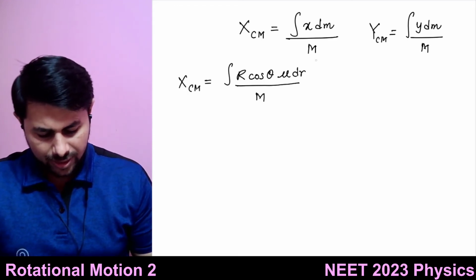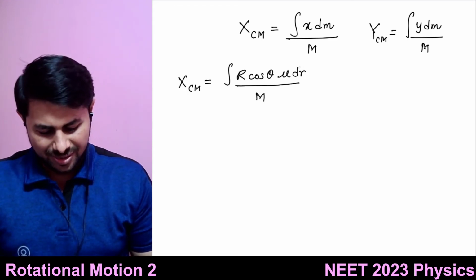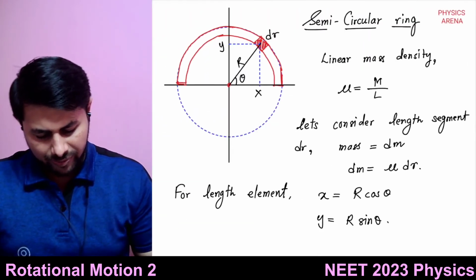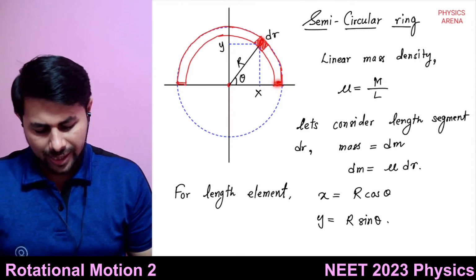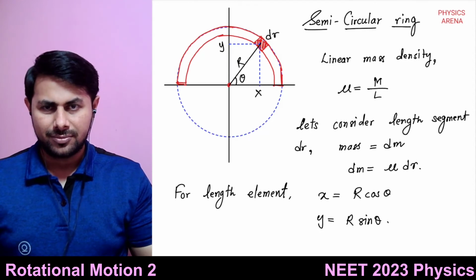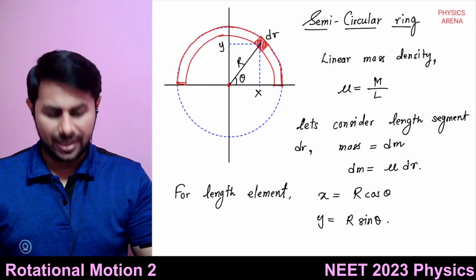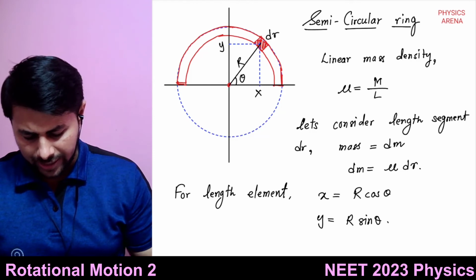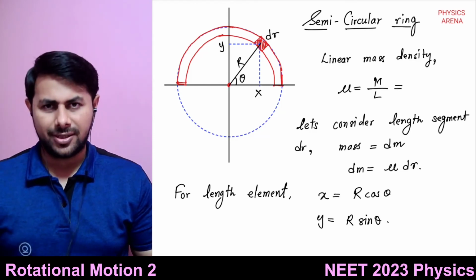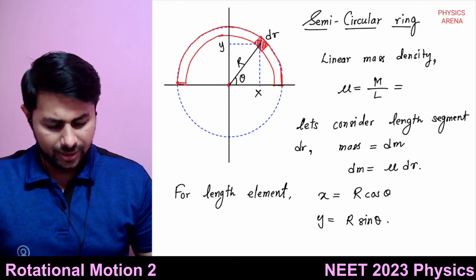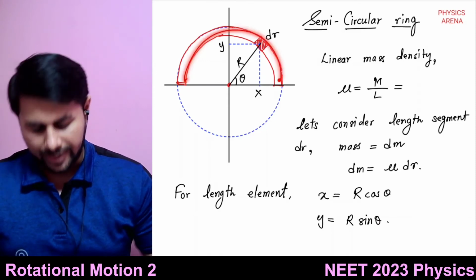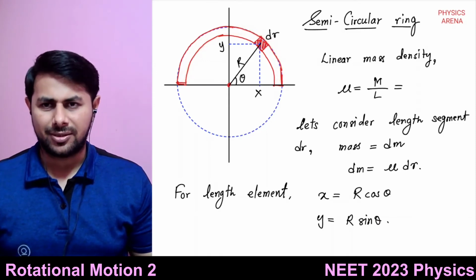Now you can see here we have two variables. dr is a variable; the minimum value of dr is 0, and at max the length element can be the total length. How much is the value of L? If r is the radius of the semicircular ring, then pi times r will be the length, the semicircumference.